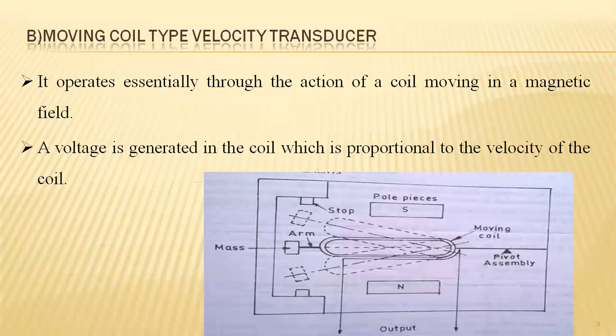in a fixed range of coil and linear movement of the coils. And next, the moving coil type velocity transducer.